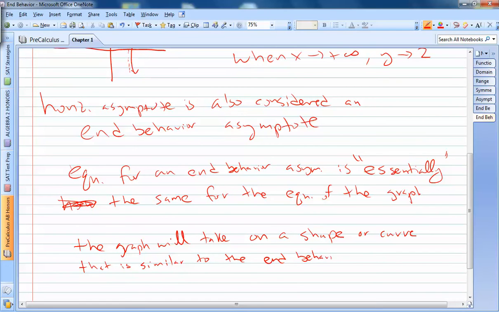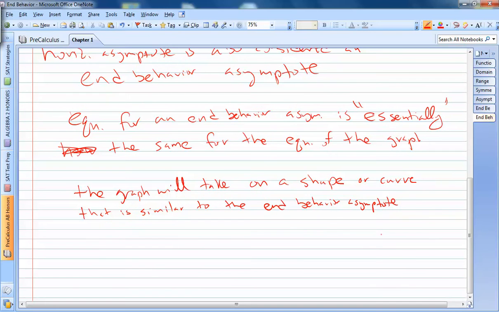I know it's a lot of writing here, but let's do an example so you see what I mean by all this. We're going to do 3 examples today.